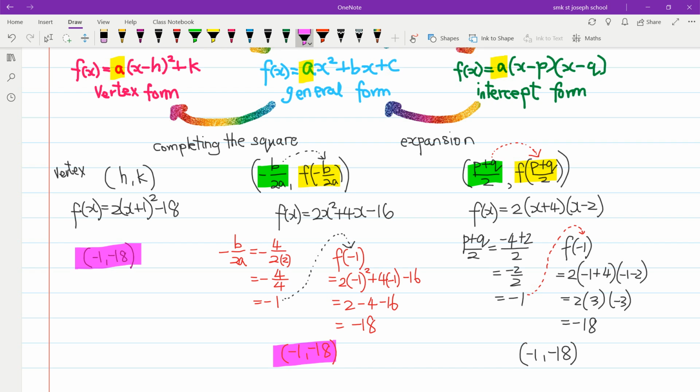Please compare with the vertex we managed here and here.